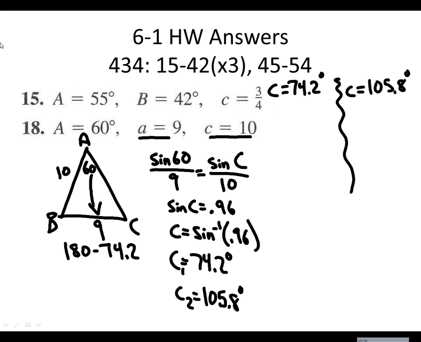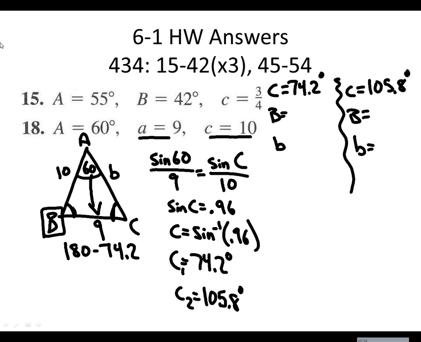All right, what do we still need to find on both of our triangles? Well, we don't have angle B yet. And we don't have side B over here. So those are the things we still need. Angle B would be pretty easy to find because remember, if we have 60 and we know angle C, we're just going to subtract from 180 to get the third angle.